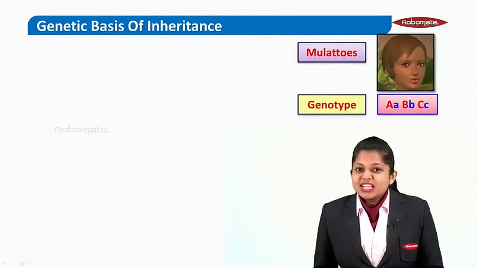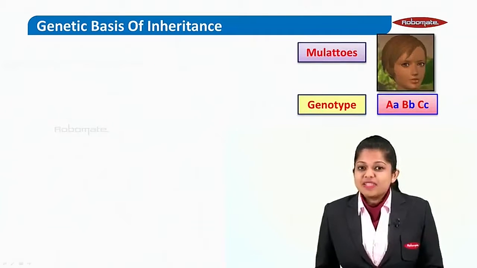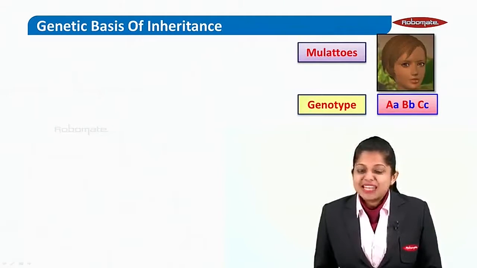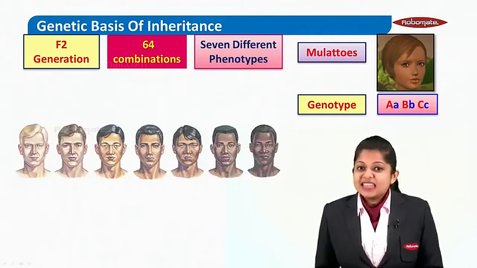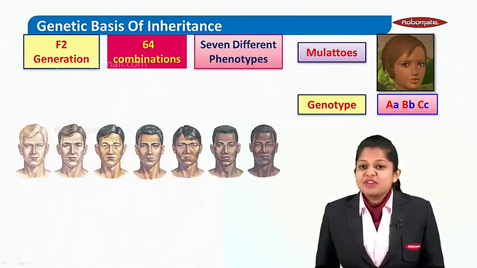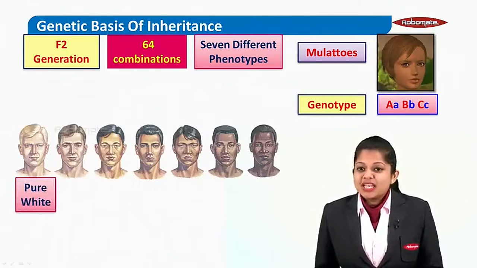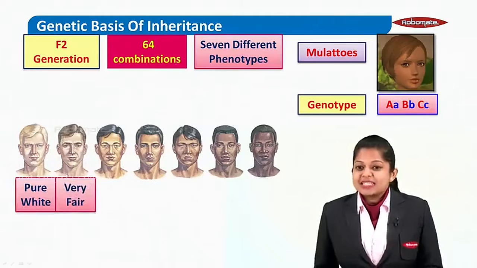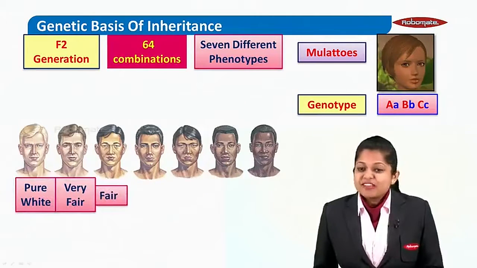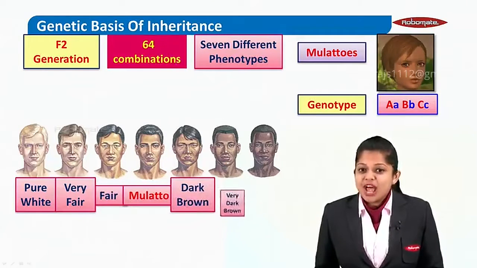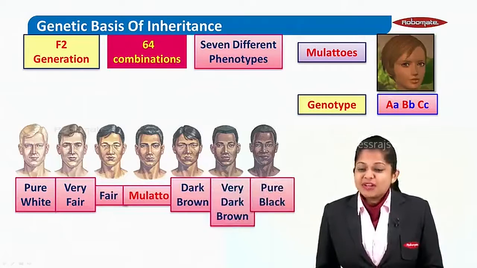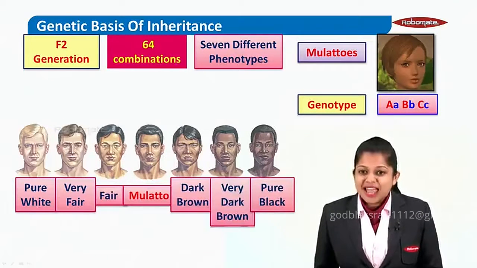Now let's study what happens when these mulattoes marry amongst each other. They produce the F2 generation with 64 combinations, and it is seen that they show 7 different phenotypes, of which one is pure white, next very fair, followed by fair, mulatto, dark brown, very dark brown, and finally pure black.